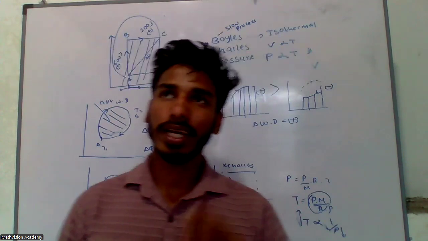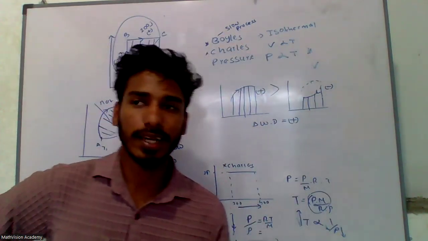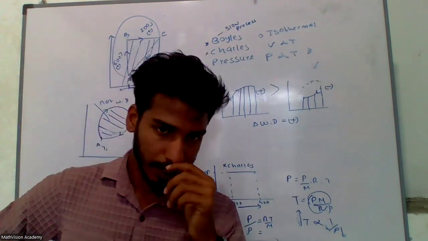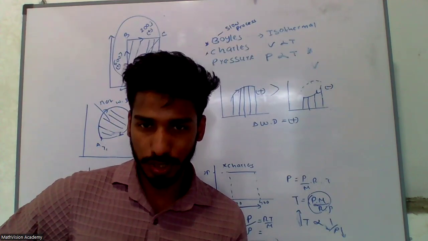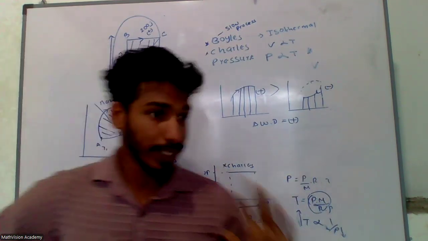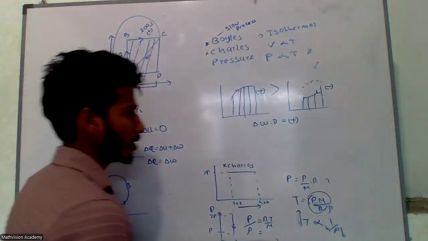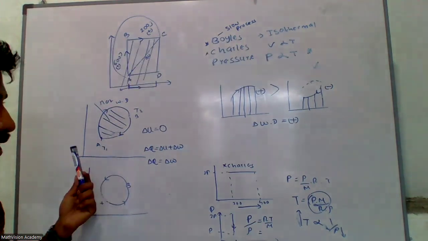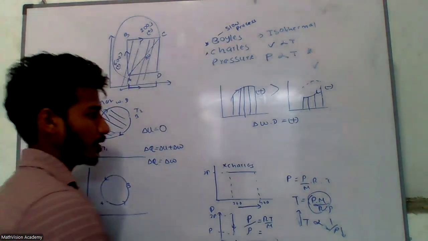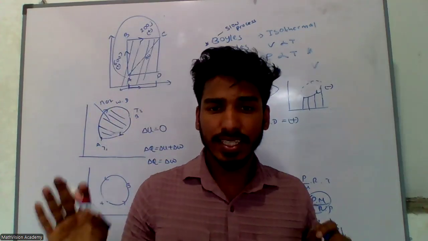Sometimes they might give it in an MCQ. Like, let's say, the following cyclic process: is there a heat input or a heat output? Not that simple, okay? They are just giving something. Consider the following cyclic process. What would be the heat exchange in the system?